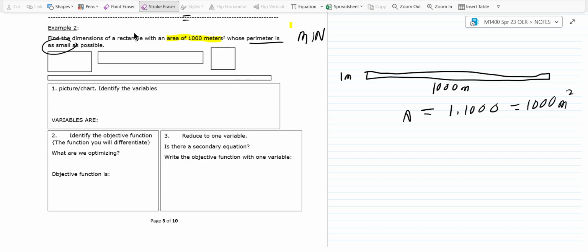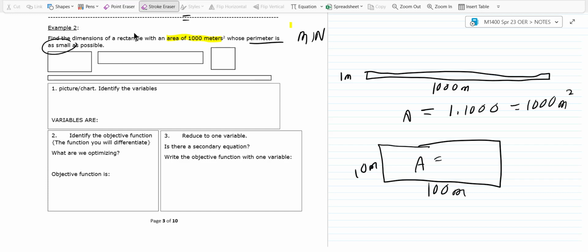That's one possible answer, but that rectangle has a very big perimeter, right? It's a very, very long perimeter. Perimeter is the distance around the rectangle. Another possibility would be something like this: 10 meters by 100 meters, again would have an area of 10 times 100, so it would have an area of 1,000 square meters.